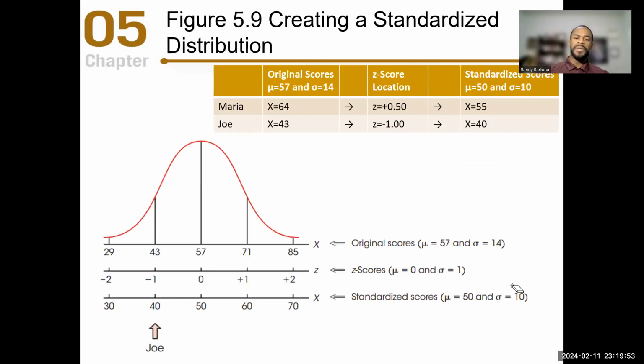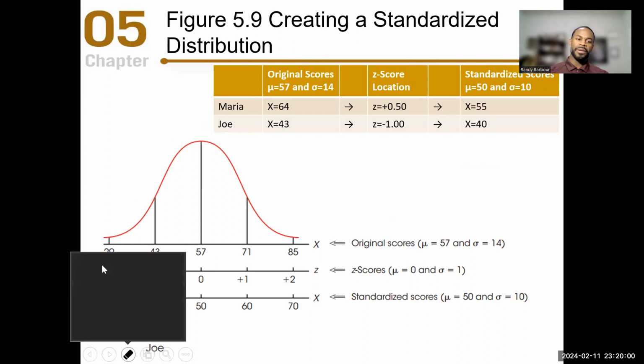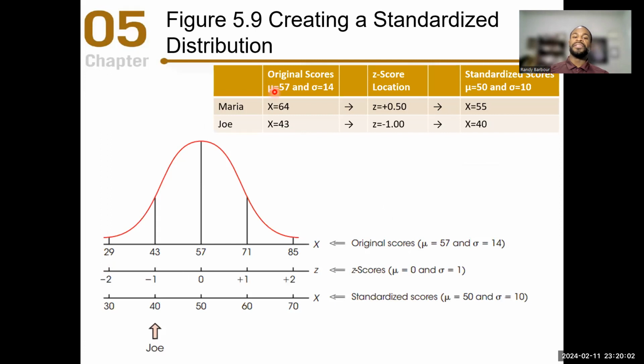Okay, so here's what I mean. You have your original scores here. These original scores have a mean of 57 and a standard deviation of 14. I want my standardized scores to have a mean of 50 and a standard deviation of 10.